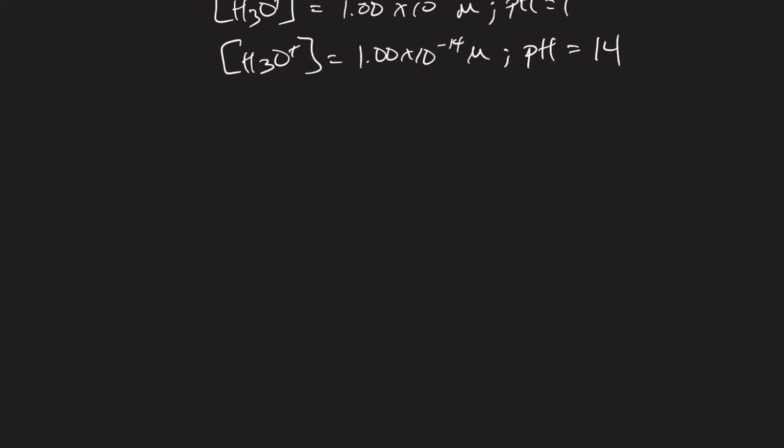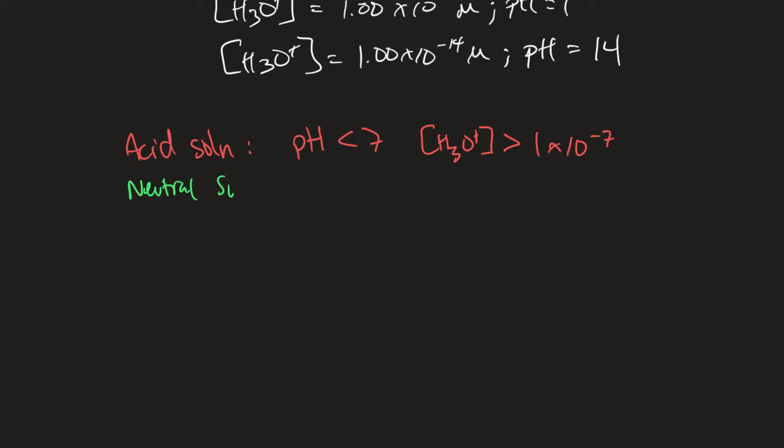So when you consider the ranges, for an acidic solution the pH has to be less than 7, and the hydronium concentration must be greater than 1 times 10 to the negative 7. For a neutral solution, its pH is equal to 7, and the hydronium concentration is equal to 1.0 times 10 to the negative 7.